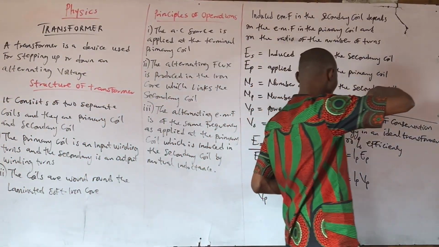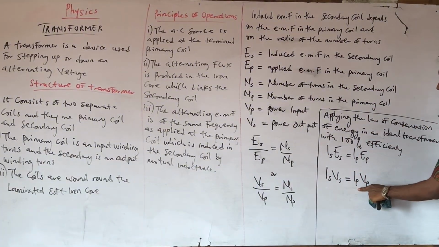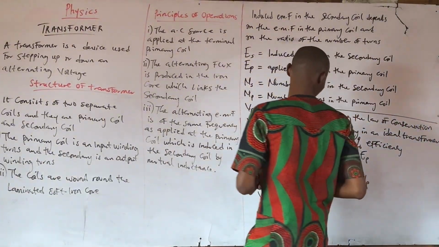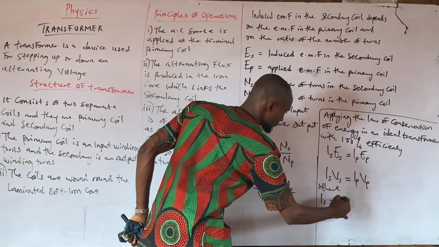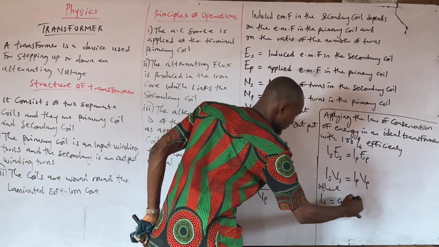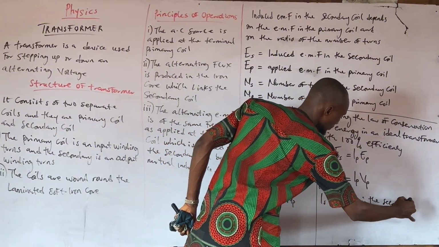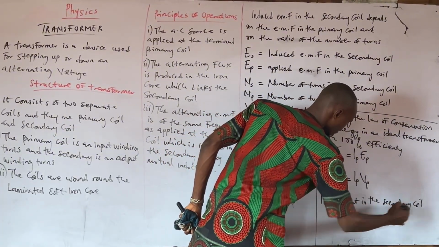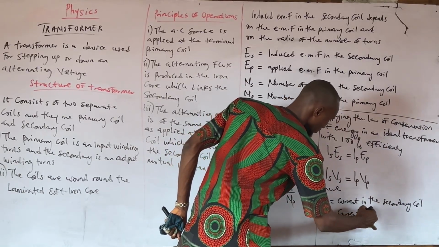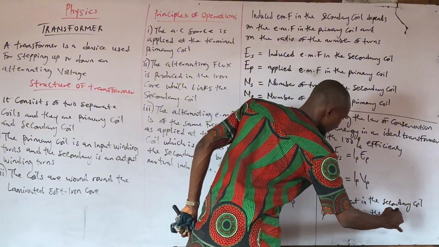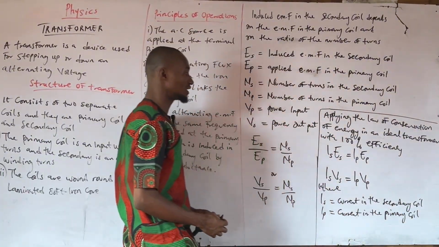IS is current, secondary current. This one is what? Primary current. Current in the secondary coil, while this one is current in the what? Primary coil. We can say here where IS is equal to current in the secondary coil, while IP is equal to current in the primary coil. Do you understand?